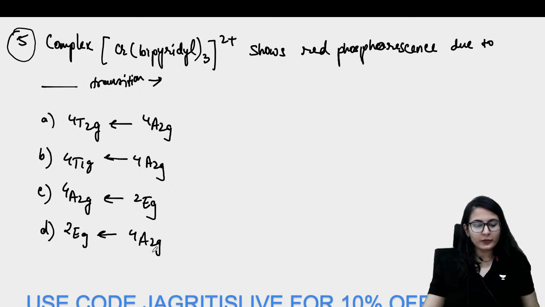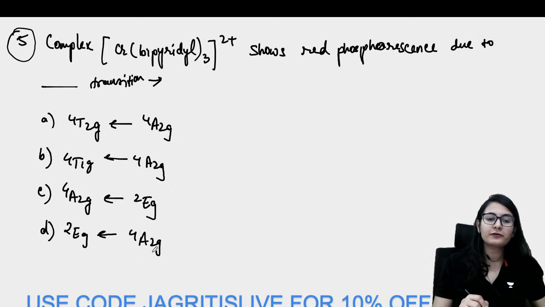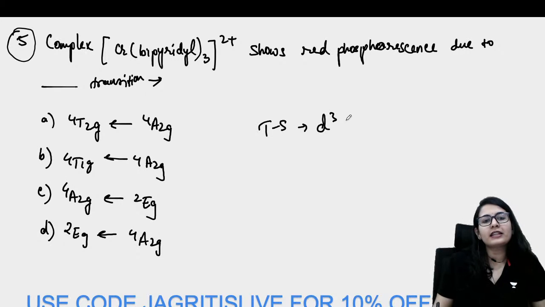What is the logic, Sushmita? We have discussed the logic of this previous question and this one in the plus classes. We had studied phosphorescence towards the end of the plus classes, right? We had studied the TS diagrams, and after that we had discussed the phosphorescence in the last class. So you can check out. We had discussed the Tanabe-Sugano diagram of the d3 system, that is your chromium 3 plus system.